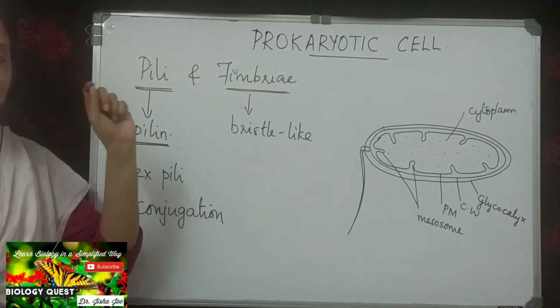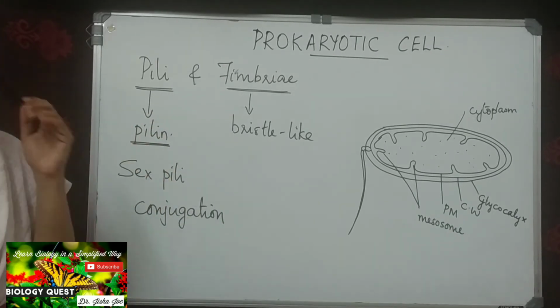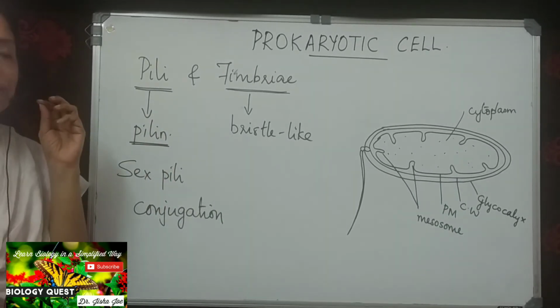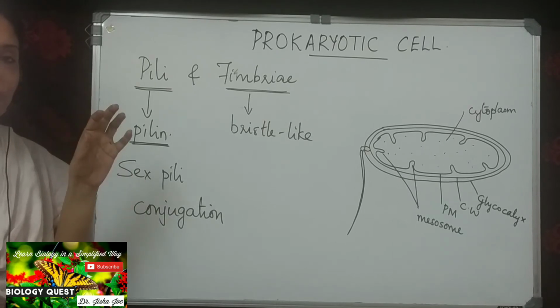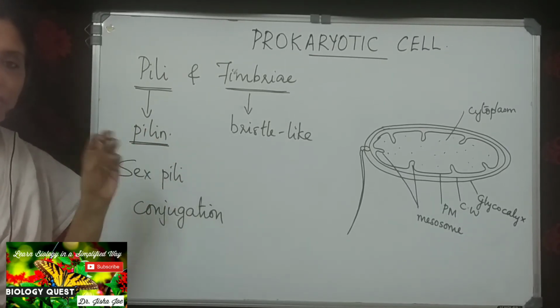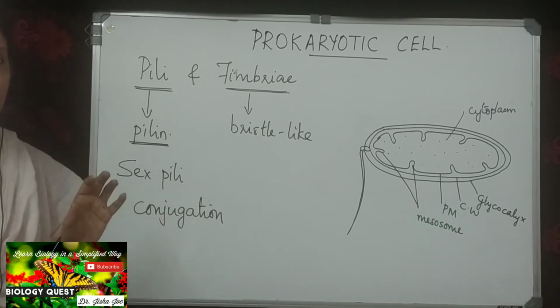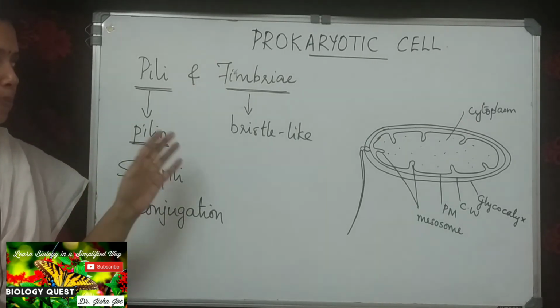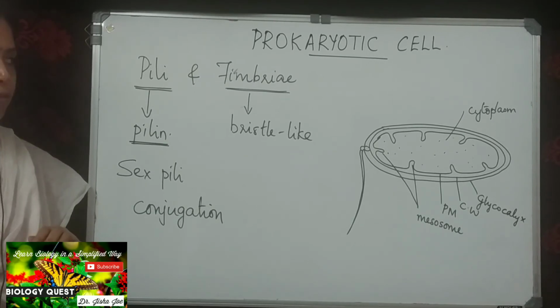Whereas fimbriae are bristle-like structures arising from the cell surface, and they are concerned with attaching the bacterial cells onto a surface or onto the host cell.